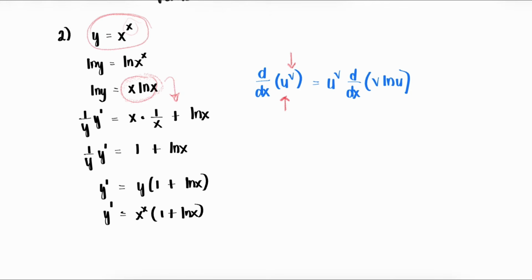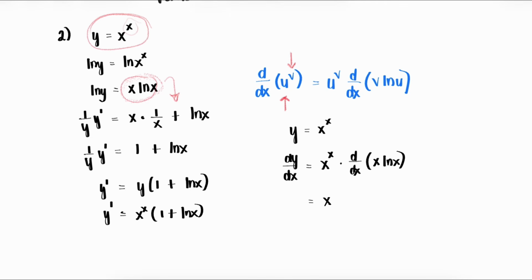So if we are going to use the formula to find the derivative of y equals x to the power of x, then dy/dx as a shortcut is equal to, you just copy x to the power of x and multiply it by the derivative of v ln u. What is our v? It's simply x, so x ln of x.